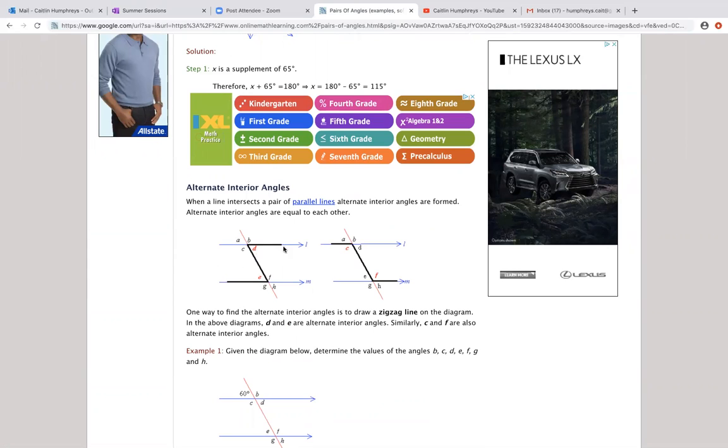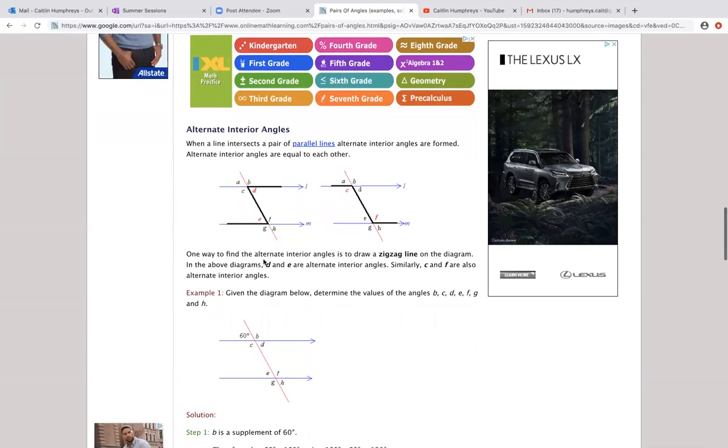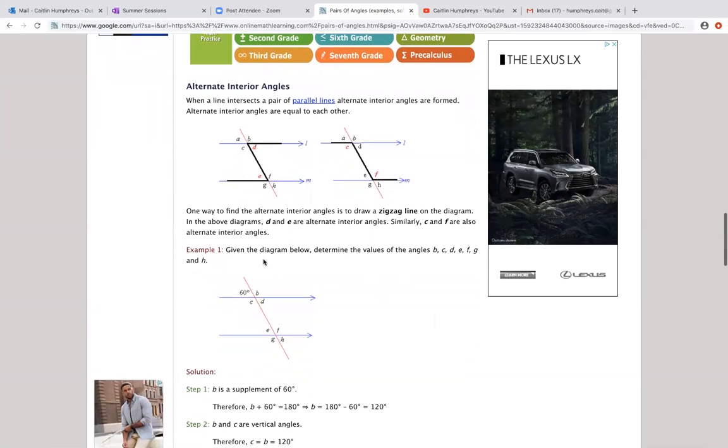We have this, you can make the Z, which some people like to do. I just like to make a figure eight. You can make a figure eight here, which I like, but it's up to you. And so you can see here that those are equal to each other as well.